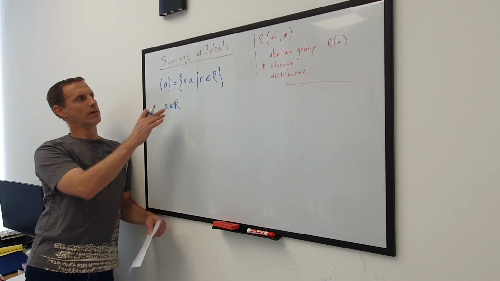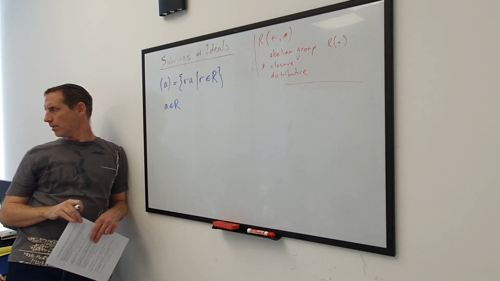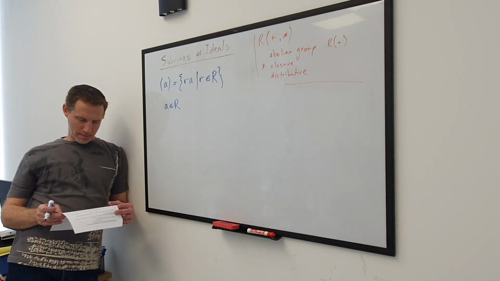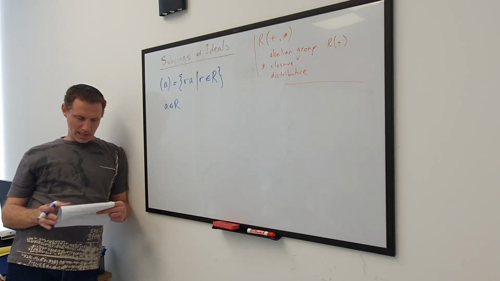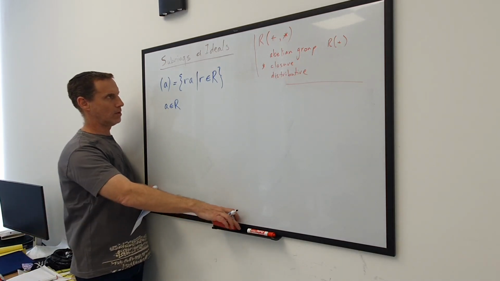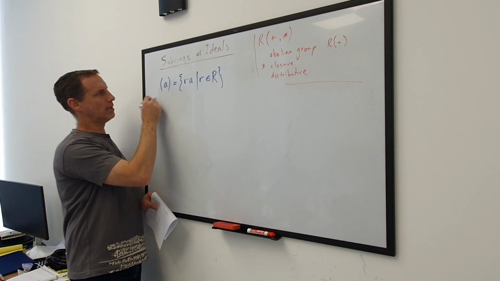I'm saying that if you take the collection of all ras, then you generate an ideal. Yeah. Let's check it. Let's just look at it.